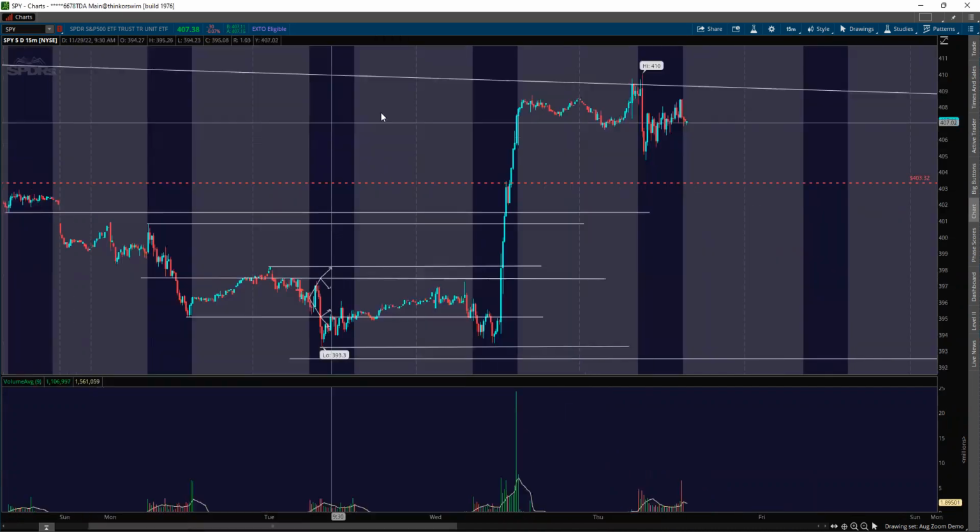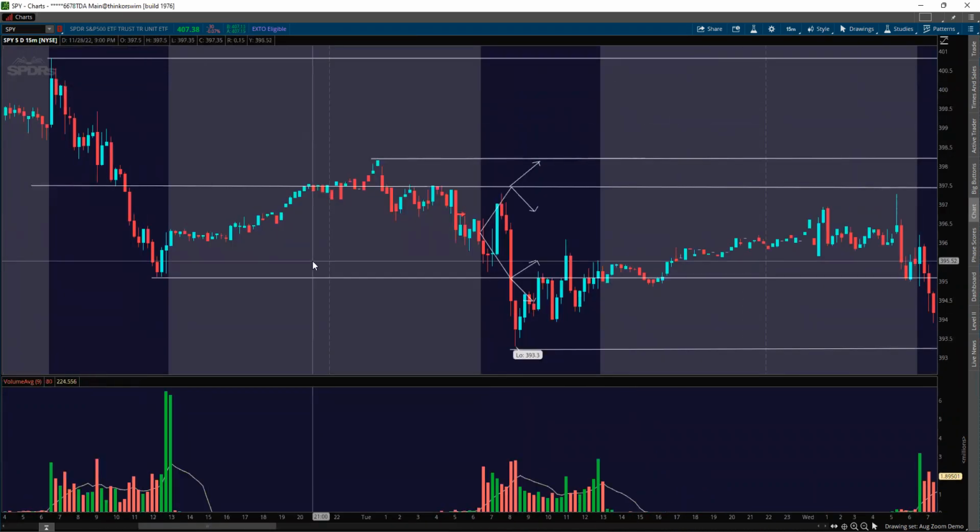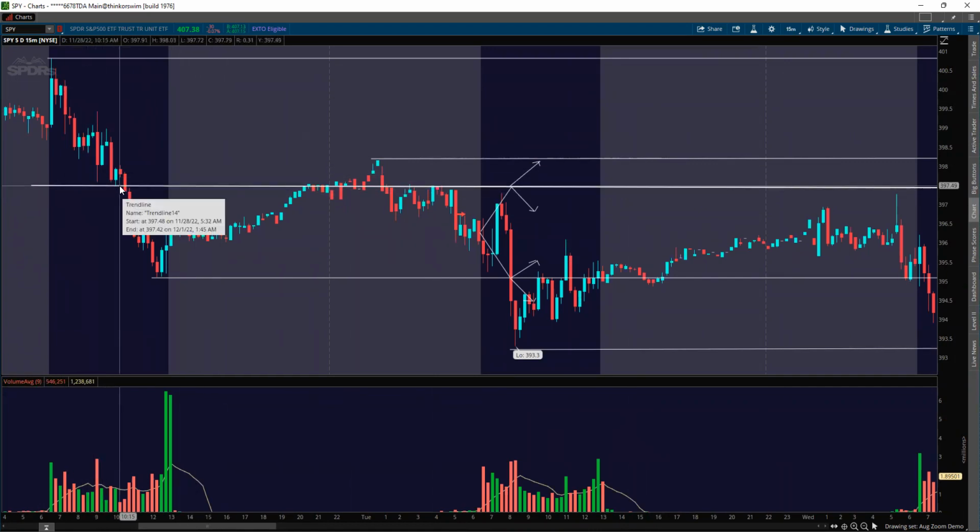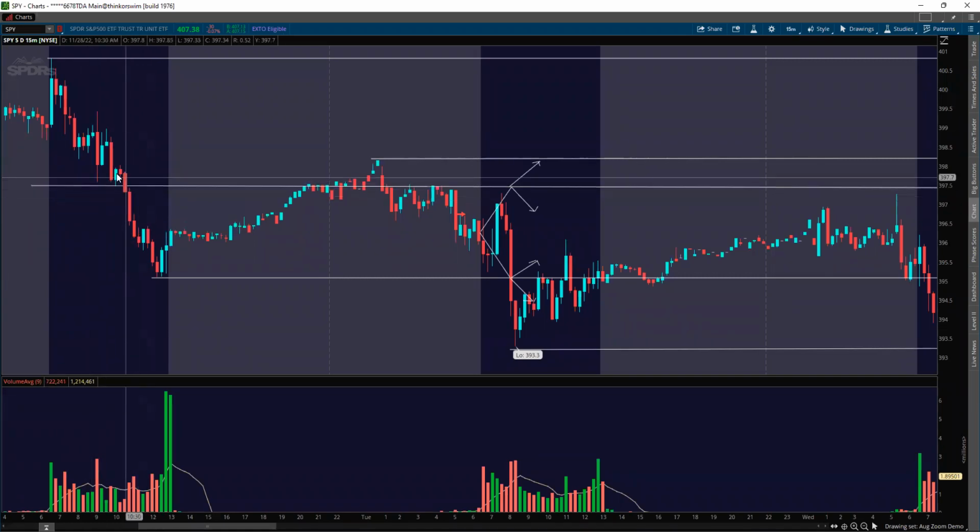Good to proceed. That's what I like to hear. So after determining these points of interest, and like I said at the very start, these aren't necessarily finite numbers. If we break over 397.49 and get up to 397.5, I'm not going to immediately take calls, right? That's not how this works. It's just an area where I start to look for a rejection, or an area where I start to look for support.